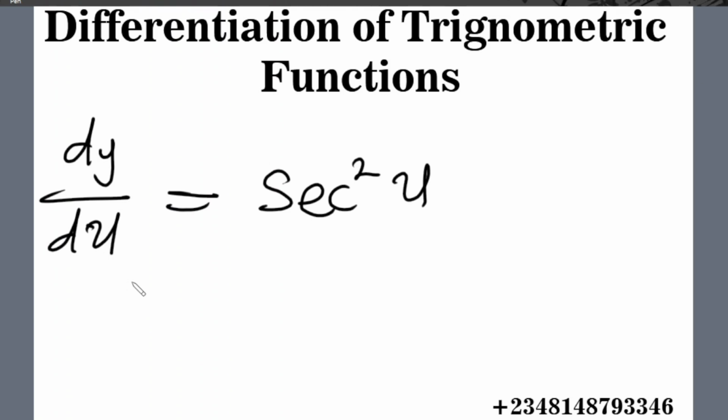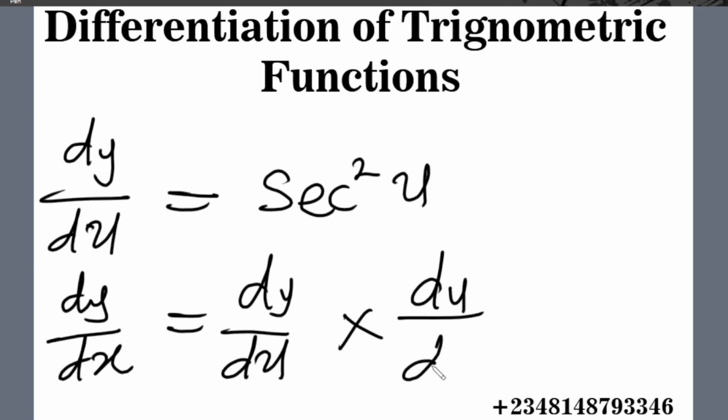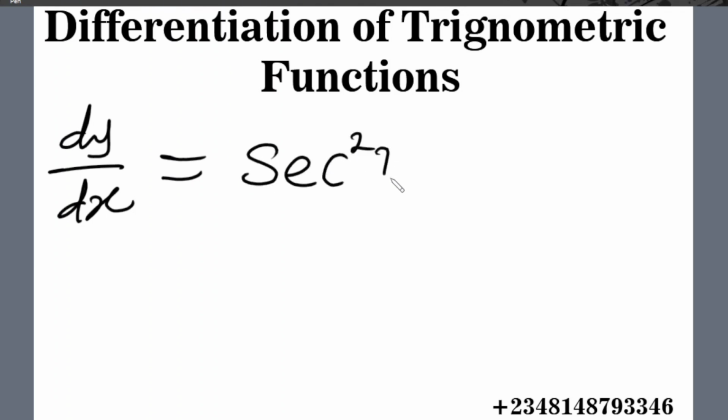Now let's apply the chain rule formula. The chain rule formula is dy over dx equals dy over du multiplied by du over dx. So now let's substitute into the chain rule formula. dy over du gave us sec squared u multiplied by du over dx, which gave us 9 exponential 3x.